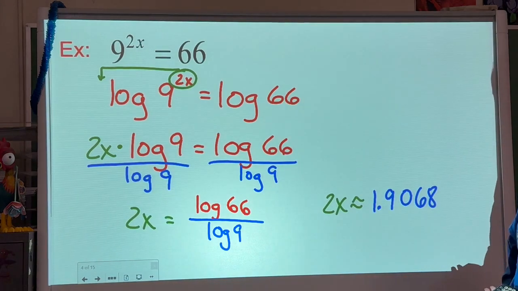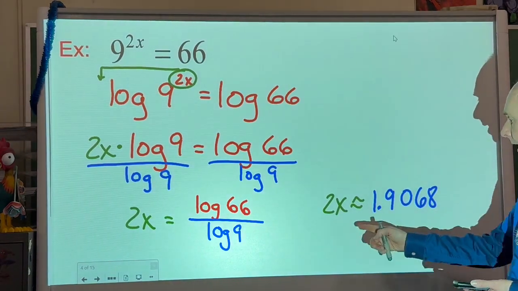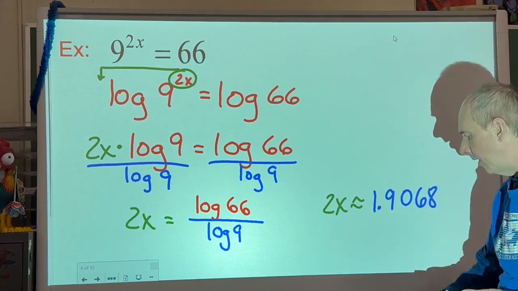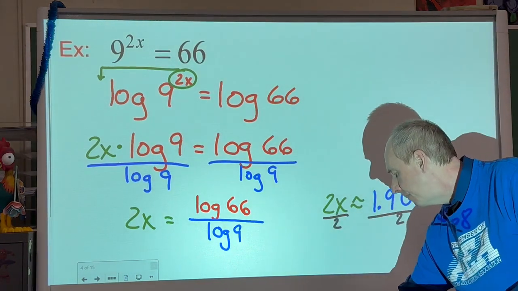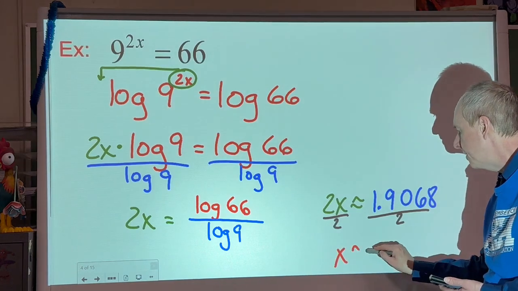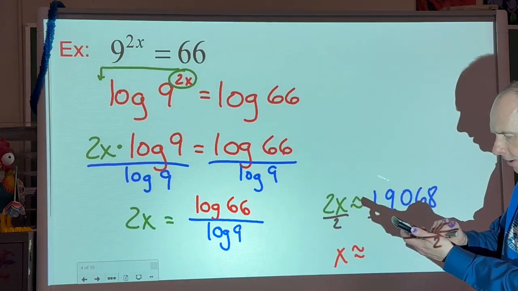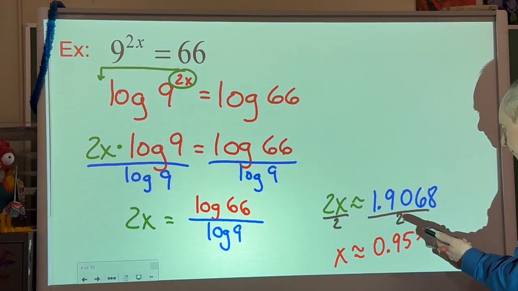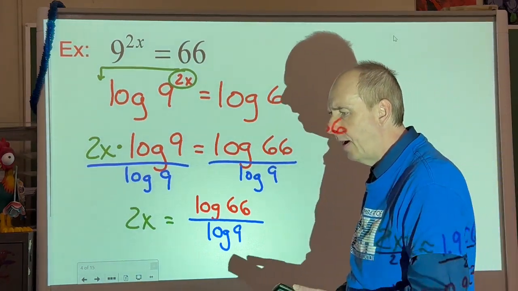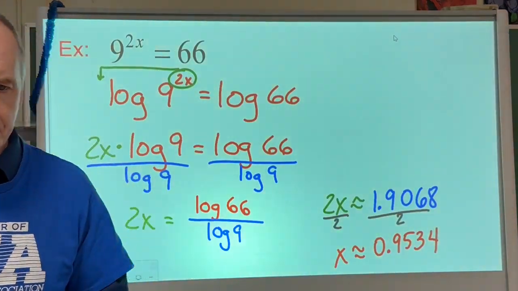Take it out 3 or 4 decimal places before you round. How do you finish it? You divide by 2. So x is about 0.9534 if I am rounding to about 3 or 4 decimal places.